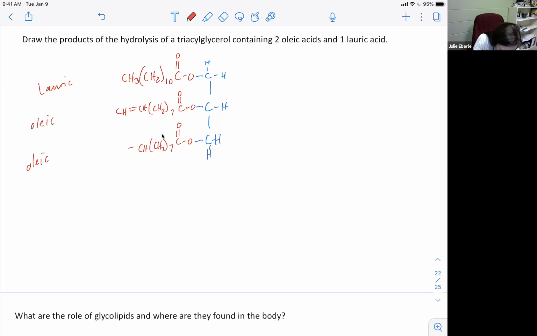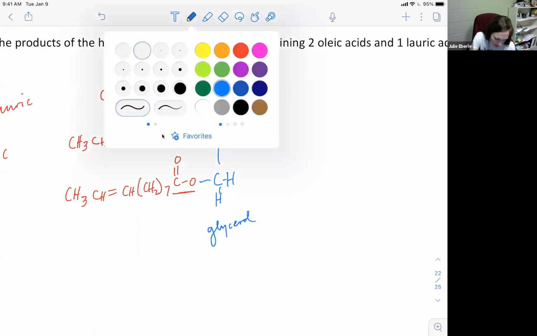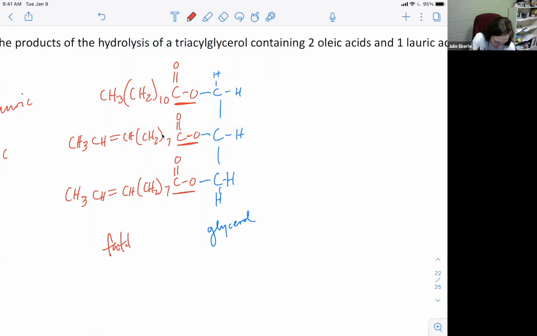So I'm literally just copying this down from the table. Okay, so there's 2 oleic acids and a lauric acid. And the biggest part is that we have connected the carboxyl group to glycerol. This is a full triacylglycerol. And the red are your fatty acids that you get from the table.